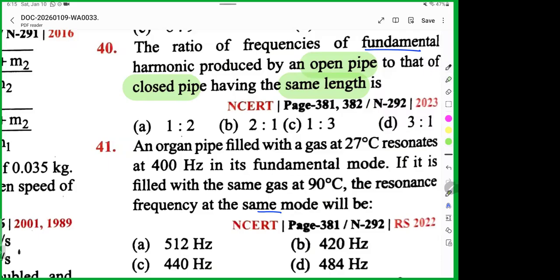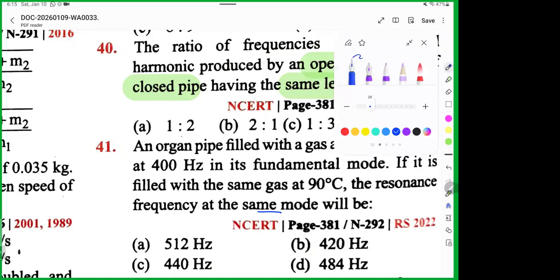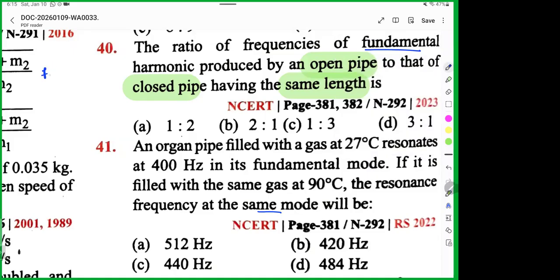Now, if you feel that this is a tough question, an open pipe is like both ends are fixed. In this case, you know frequency is equal to V by 2L. And in case of a closed pipe, it looks like one end is free.